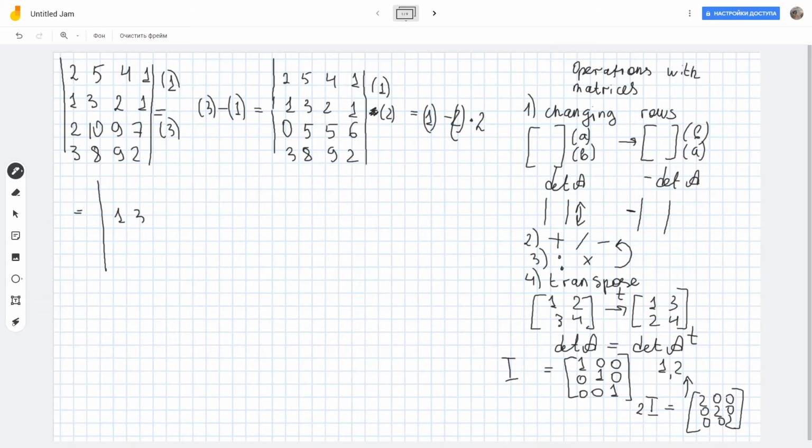We will keep the second row, and here we will get 2 minus 2 multiplied by 1 is 0. 5 minus 3 multiplied by 2, it's minus 1. 4 minus 2 multiplied by 2 is 0. 1 minus 1 multiplied by 1, it's minus 1. Here we keep the same numbers.